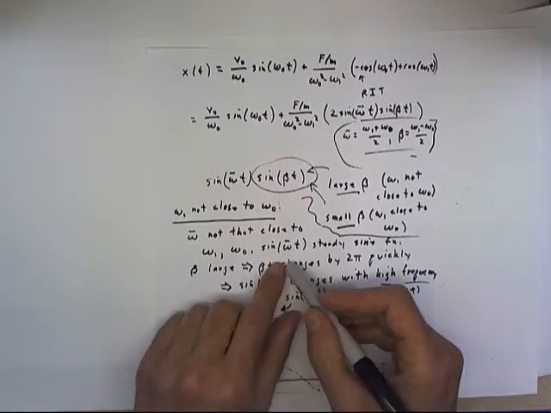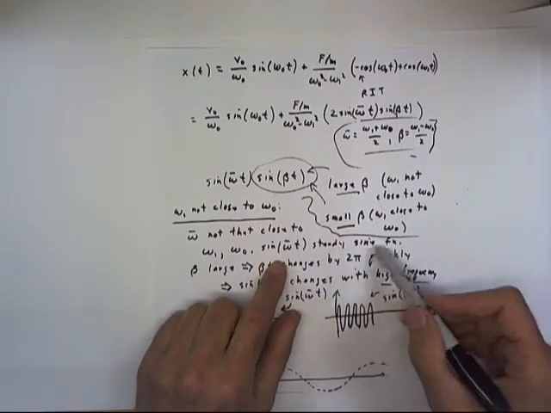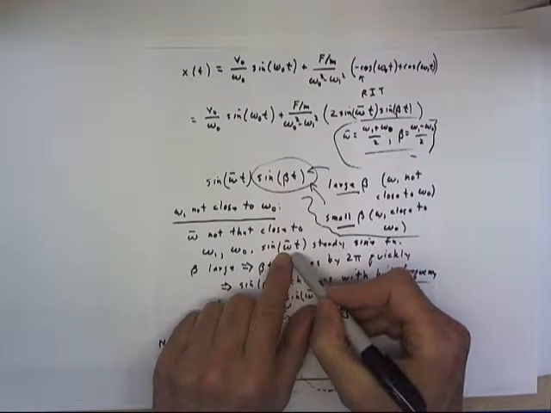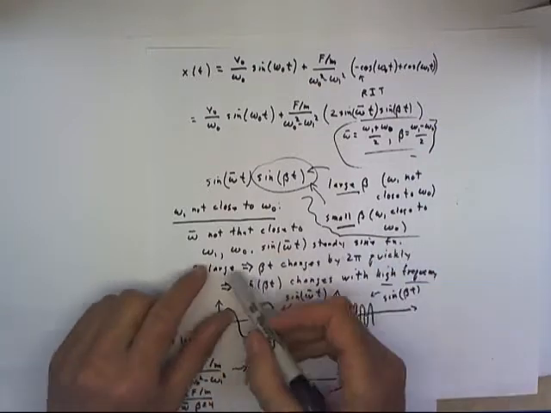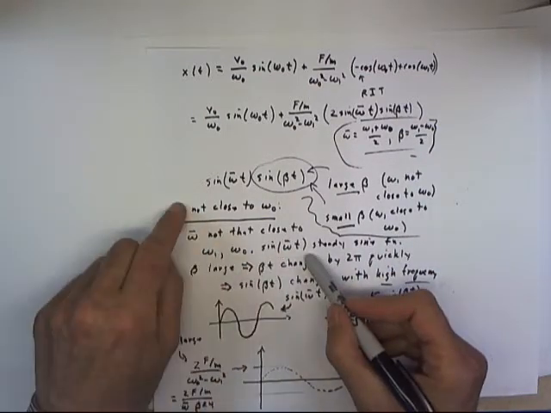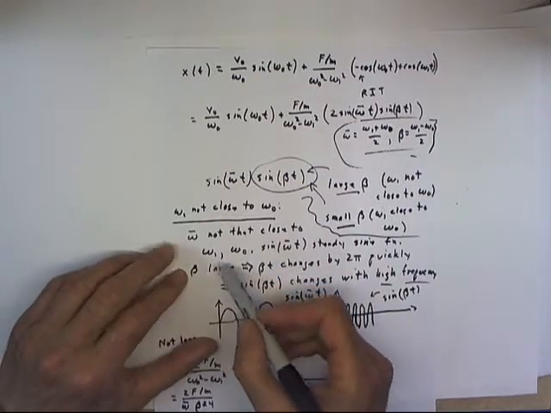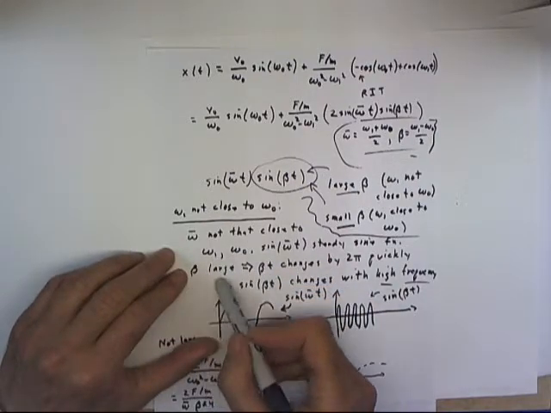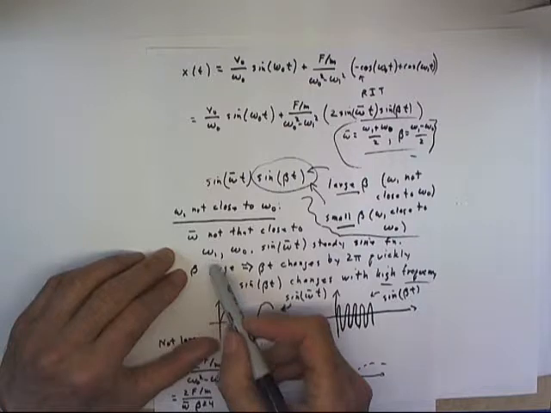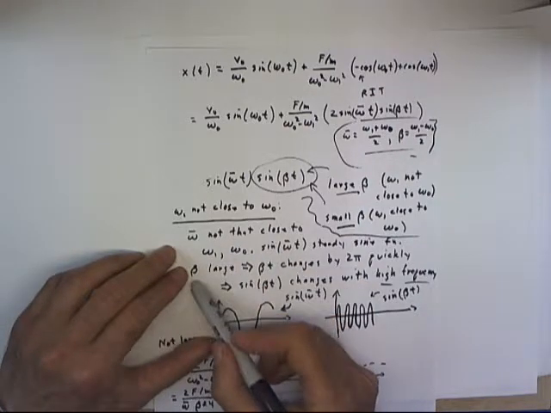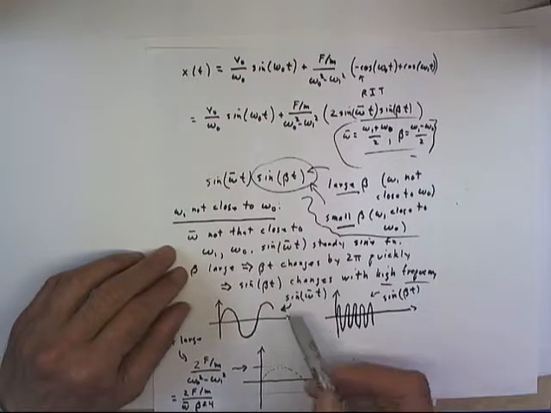In any case, the sine of omega bar t is just going to be a steady sine function with an angular frequency that's not all that close to omega naught in this case. Then the difference between these is going to be larger. If omega 1 and omega naught are not that close, beta is going to be fairly large.